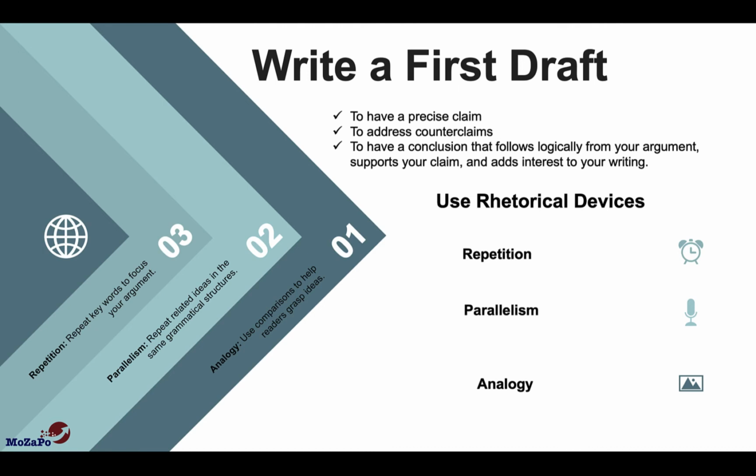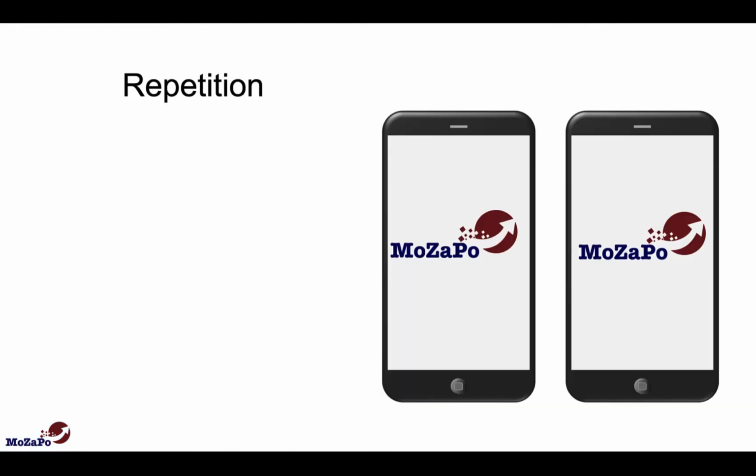As you see here, in these rhetorical devices, we compare two different items in all of them, in repetition, parallelism, and analogy. Now let's go over them one by one.